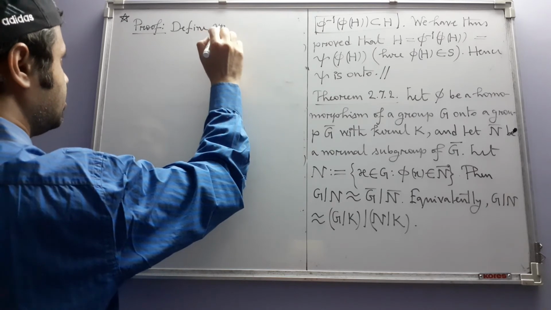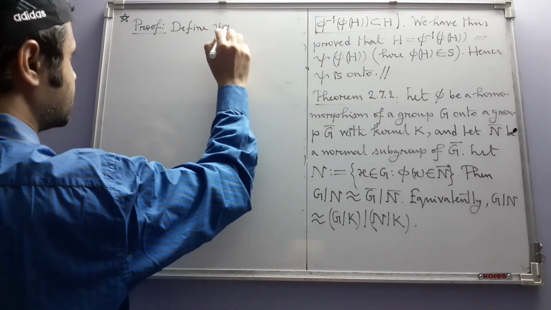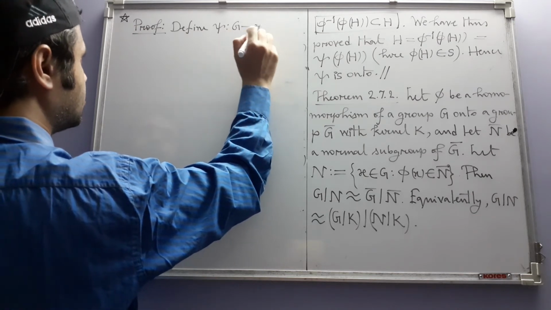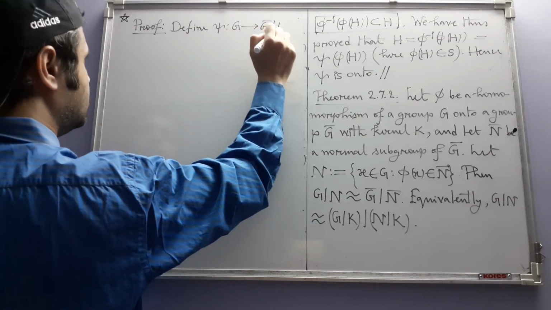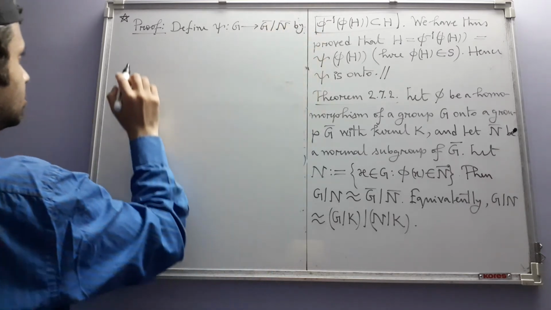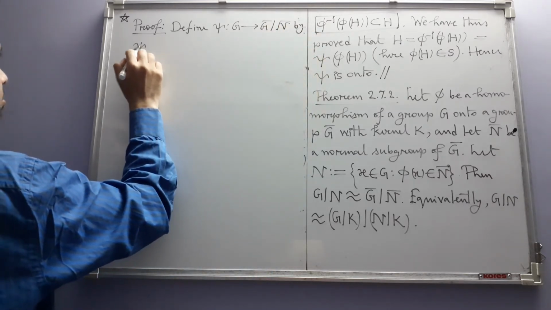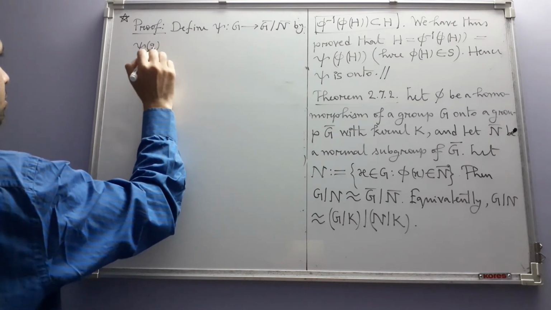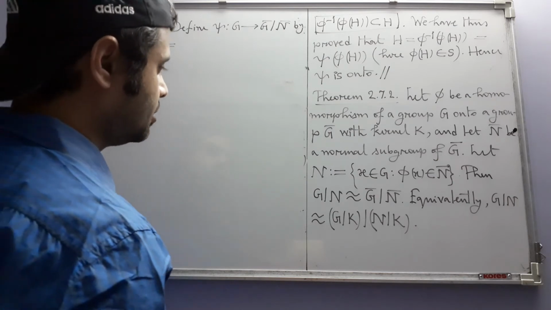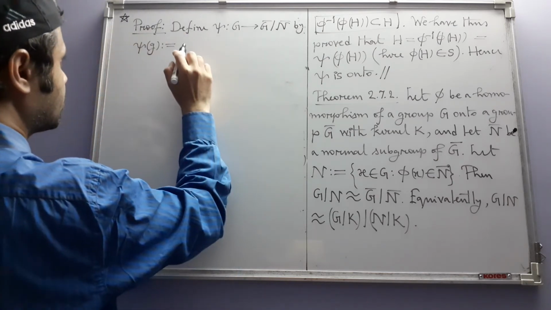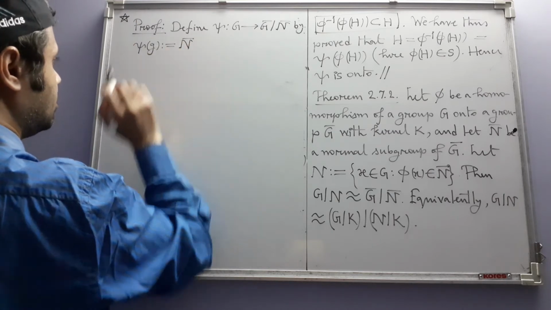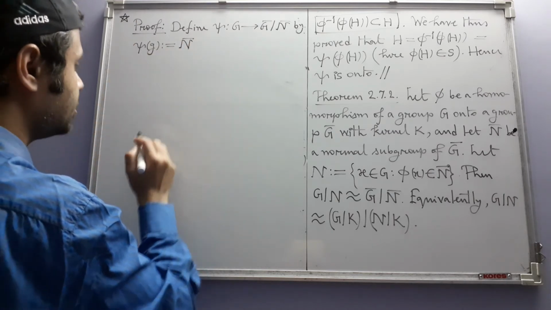Define, again we can call it psi, because this is a new proof, psi from G to G bar by N bar by this rule: psi of g is defined to be equal to N bar phi of g.